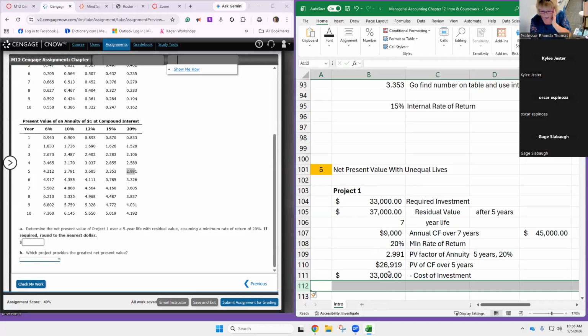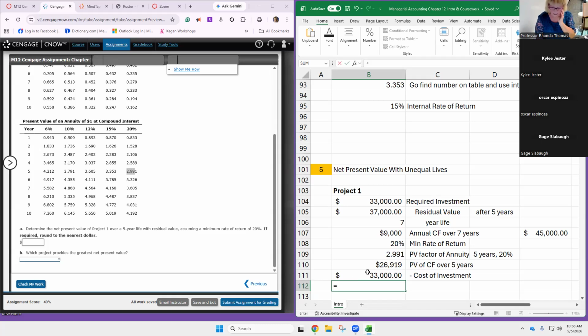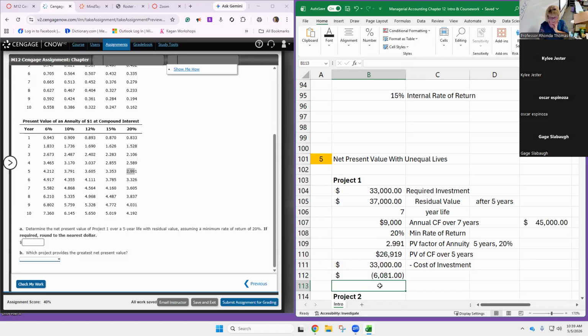So if this is the present value of the cash flow over the 5 years, and this is the cost of the investment, when we subtract that, I believe we have a negative of 6,081. Okay, 6,081. Determine the net present value of project 1 over a 5-year life with residual value, assuming a minimum rate of return.